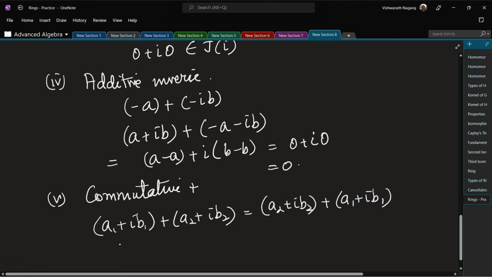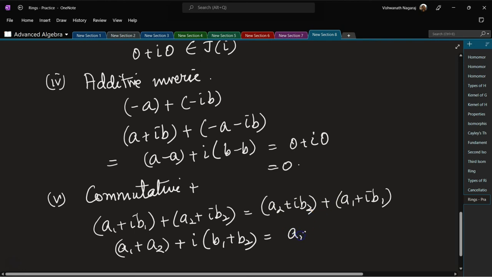They should be equal. So here this will become a1 plus a2 plus i times b1 plus b2, and here a2 plus a1. But remember a1, a2, these are all integers. So integer addition is commutative.